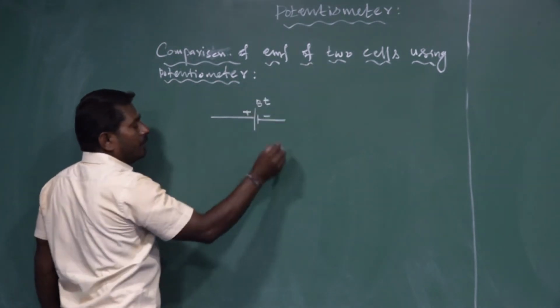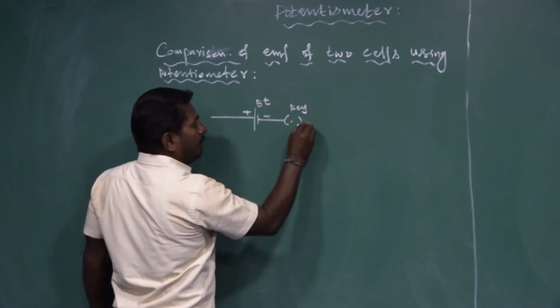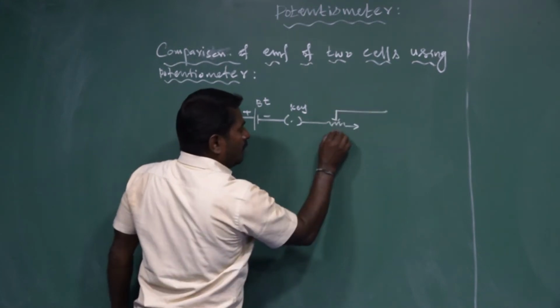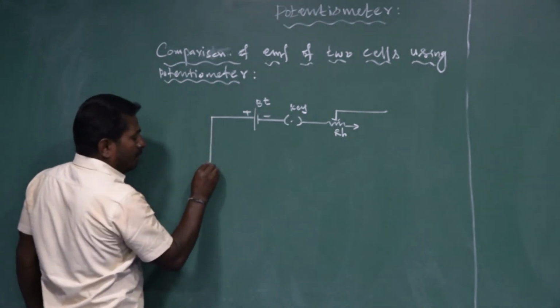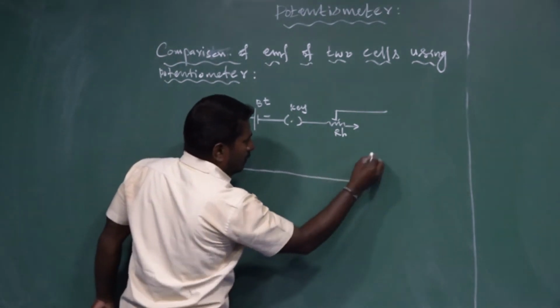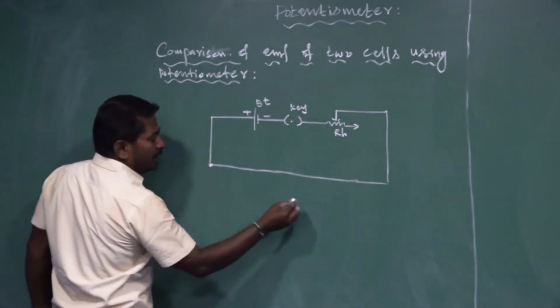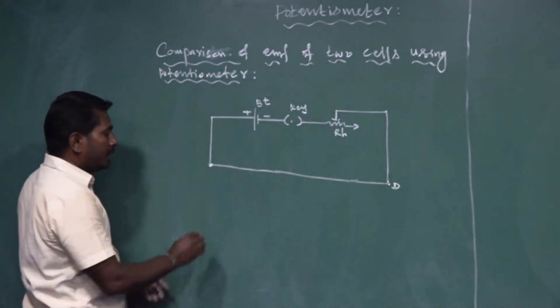Battery, key, rheostat connected across the potentiometer wire.